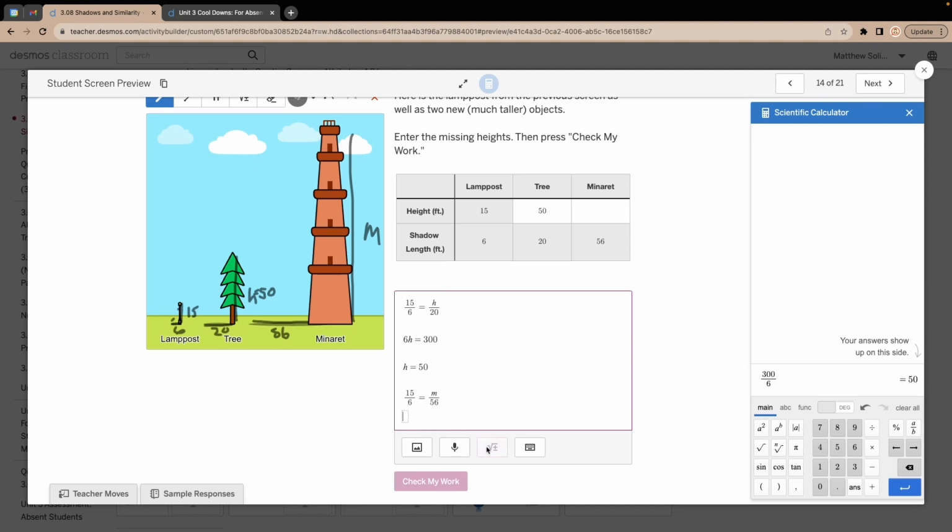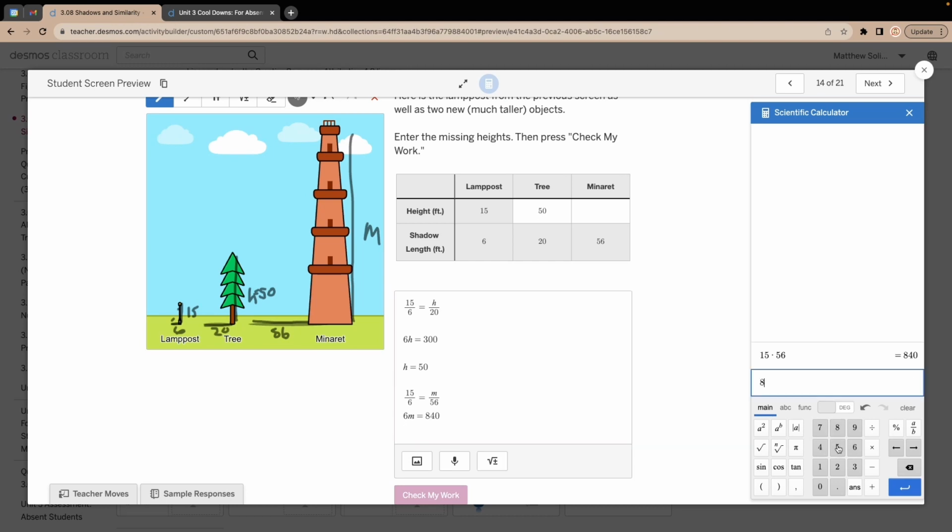So we have 6M equals, and we're going to do 15 times 56. That's 840. Now we've got to get the M by itself, the height of the minaret. We're going to divide both sides by 6. So 840 divided by 6.